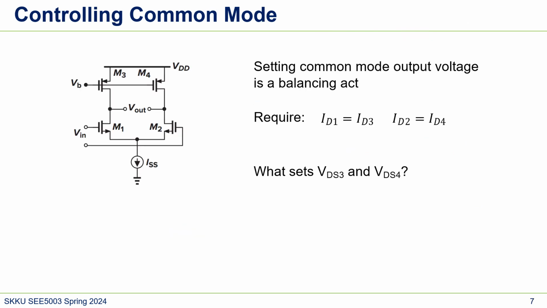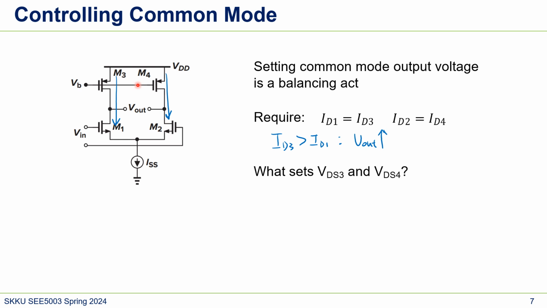And there's a requirement. ID1 and ID3 should be the same, and ID2 and ID4 should be the same. So what it means is these currents should be the same, so they're balanced. If ID3 is larger than ID1, then Vout will just go up.